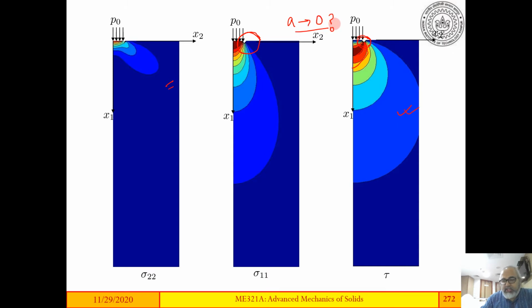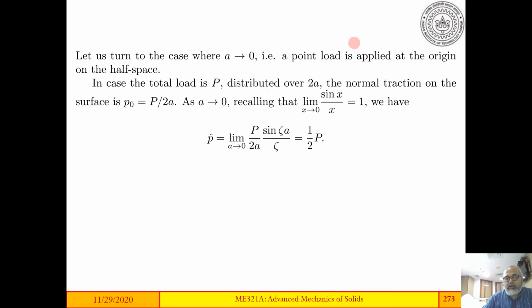When A tends to 0, we can evaluate p hat easily. P hat we know is equal to sine zeta A by zeta, and P naught times 2A is the total load that you have applied. So P naught is equal to the total load divided by the width of the punch. So I plug in P naught here, and then I take the limit A tends to 0.